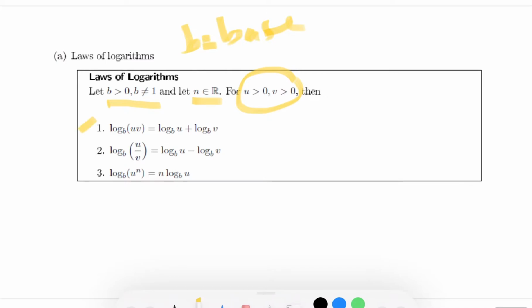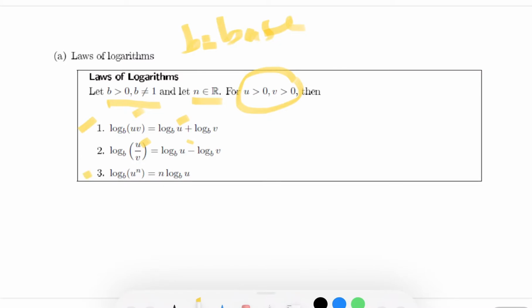Number one is the log of the product is equal to the sum of the individual logs. Product, then sum. The log of the division or the quotient is equal to the difference of the two logs.